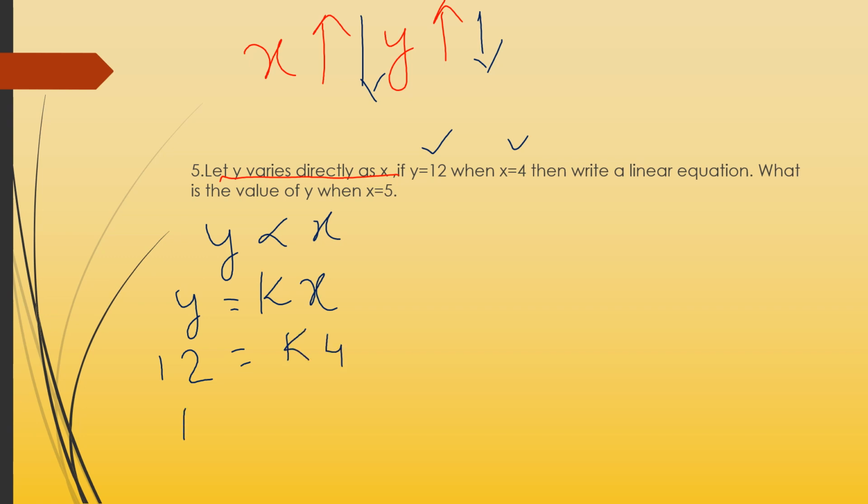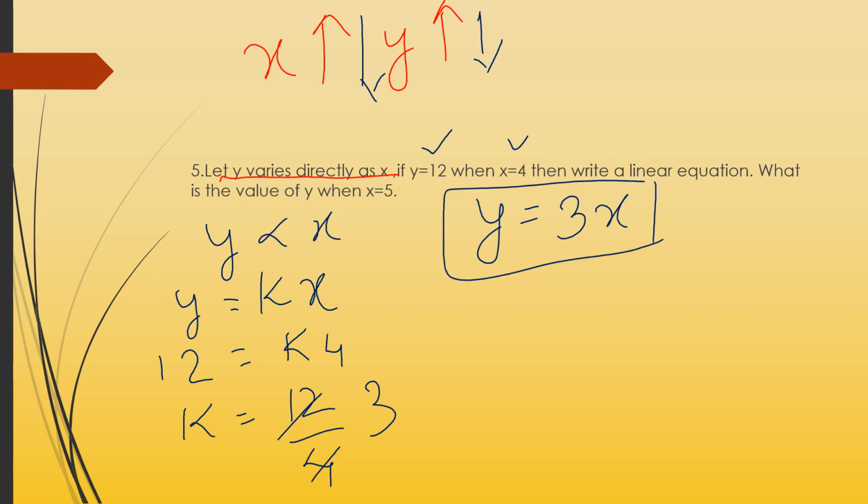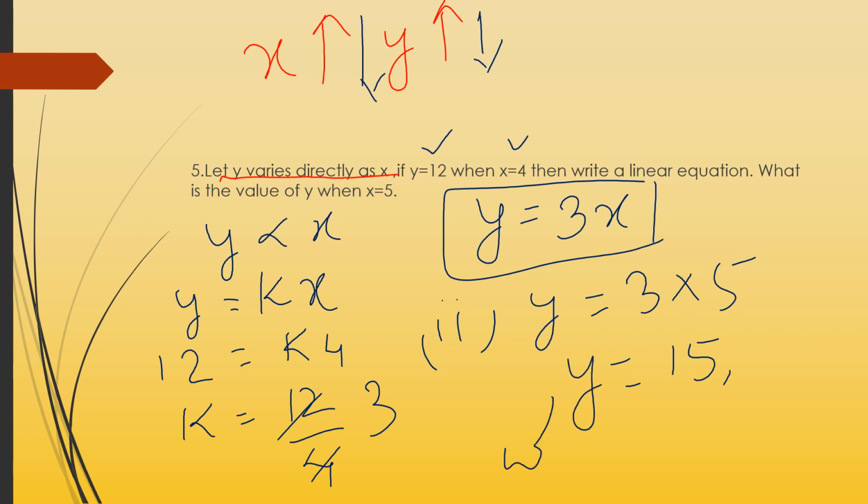So can you find the value of k? k equals 12 by 4, which is 3. So clearly the equation you can write down is y equals 3 times x. How does y vary as x? It is 3 times x. The second part of the question asks what is the value of y if the value of x is 5. 3 into 5 gives you 15. Hence, y will be 15 when the x value is 5.